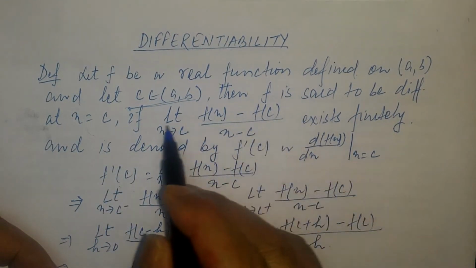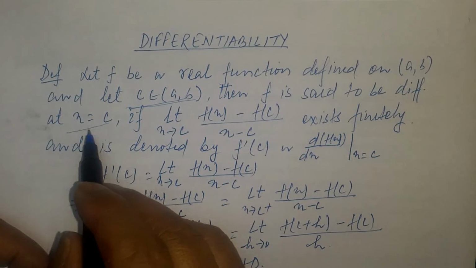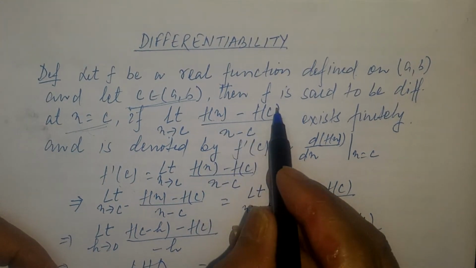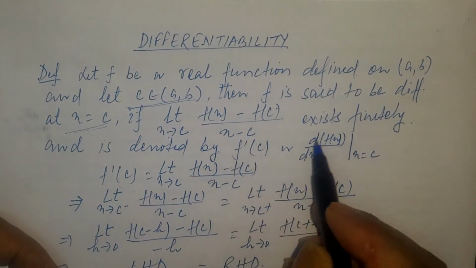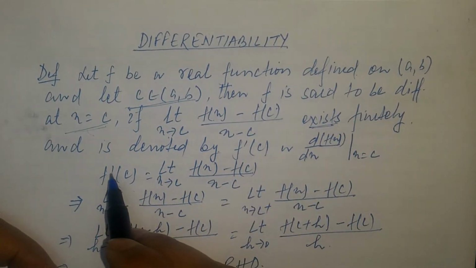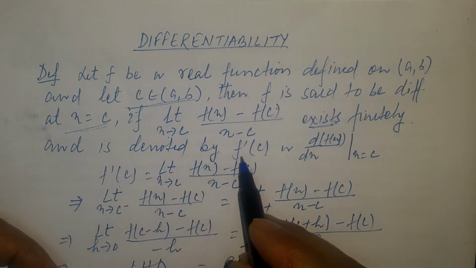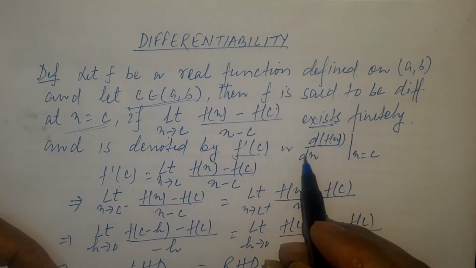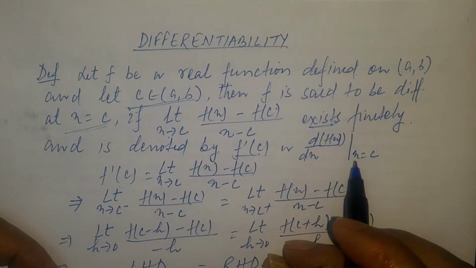Then it is said to be differentiable at x equal to c if the limit as x tends to c of (f(x) minus f(c)) by (x minus c) exists finitely. And then the derivative of the function at that point is denoted by f dash c, or also we write d/dx of f(x) at x equal to c.